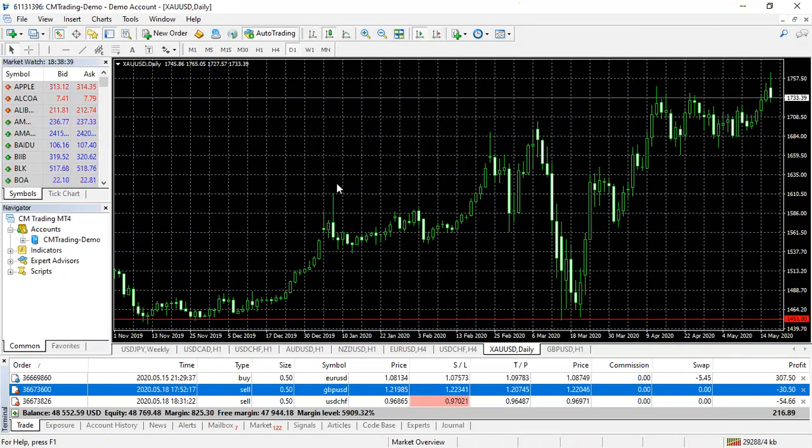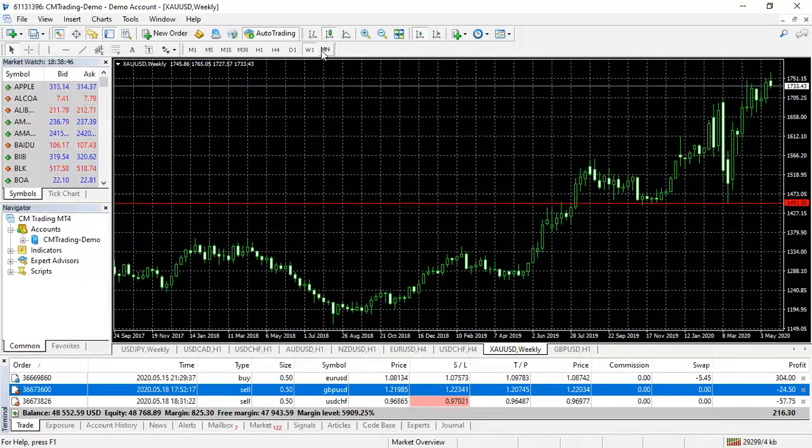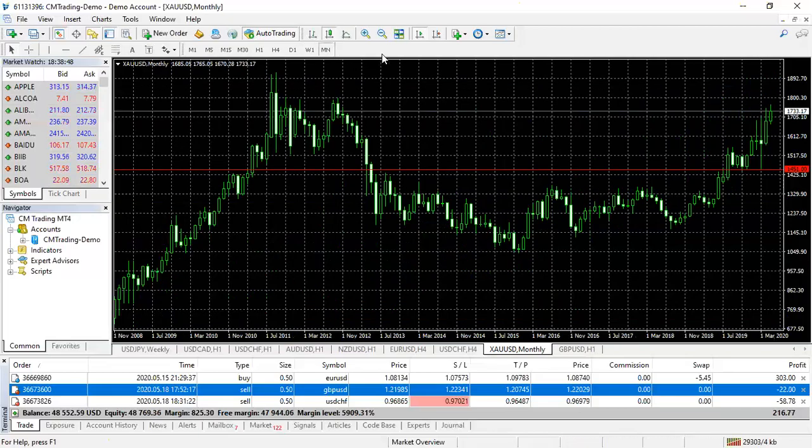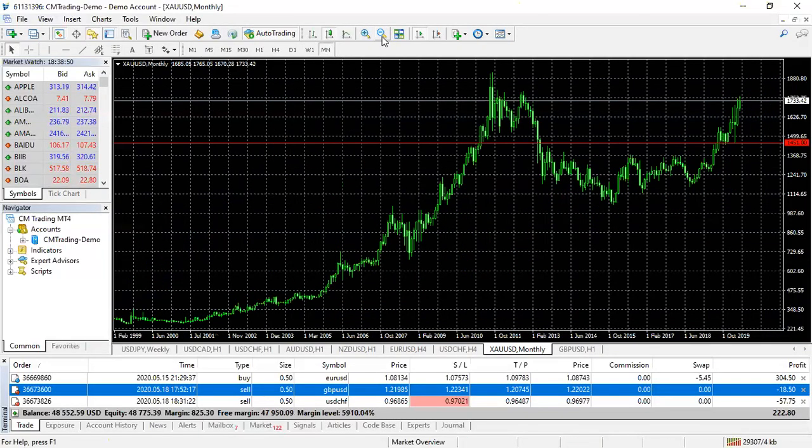Yes. So how to draw supports and resistance? Okay, so the first thing is you go to the higher time frames.